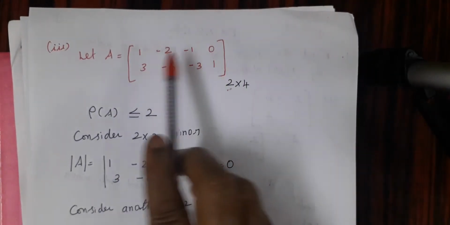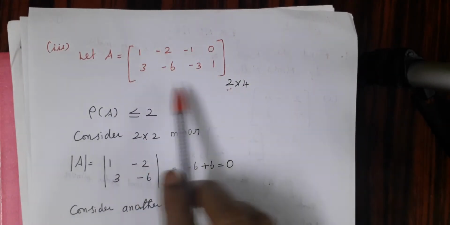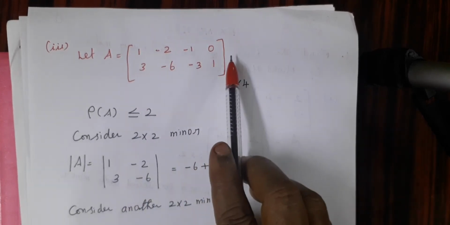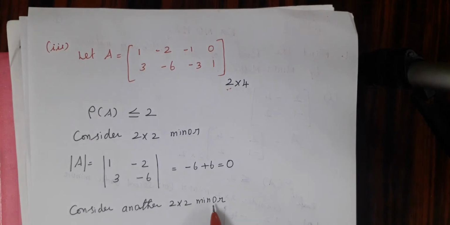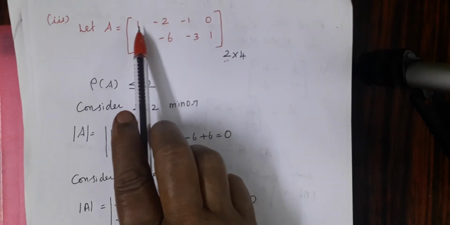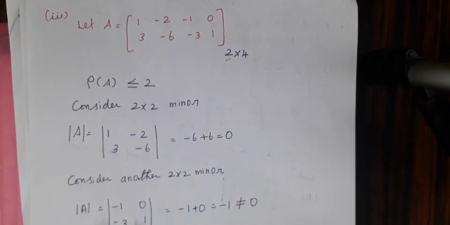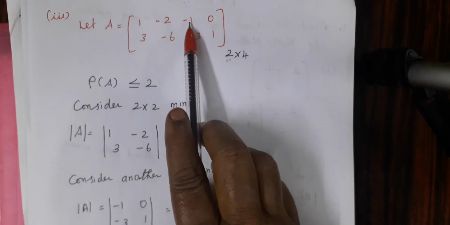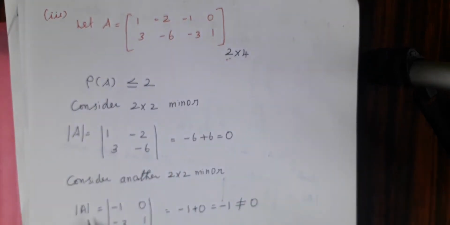Among the 2 by 4 matrix we select any one minor. The first minor we selected is 0. We select another minor, 1, 0, 3, 1. Directly, without calculation, 2 times 3 is 6 and so this also is 0. We leave this minor also and choose the next minor.